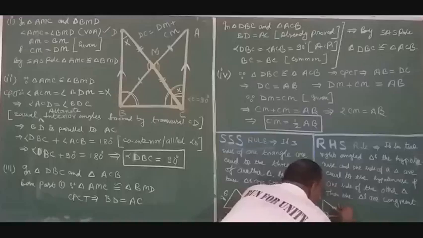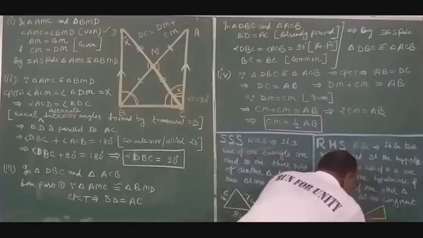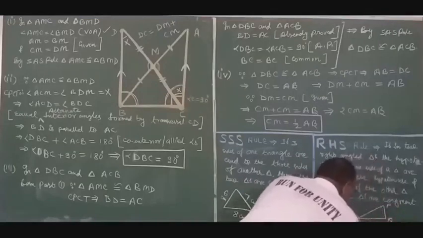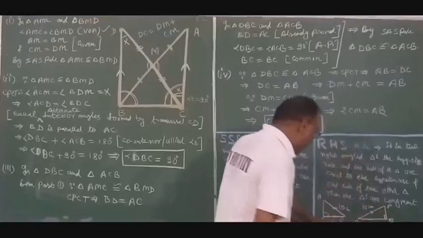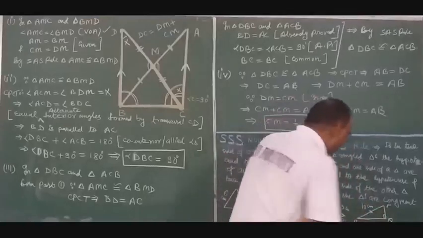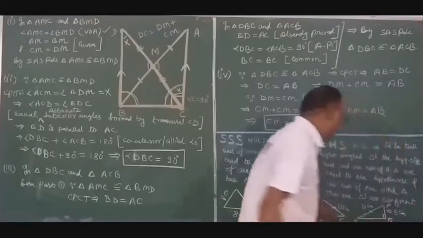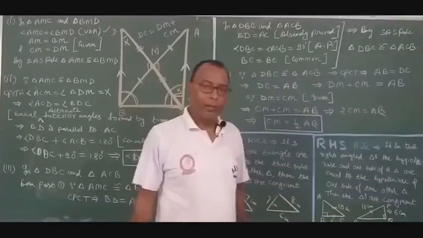This is given 10 and this is given 6 centimeter. And look at the other triangle, suppose this is PQR. Its hypotenuse is also 10 and one side PQ is 6 centimeter. Then both the triangles are congruent.